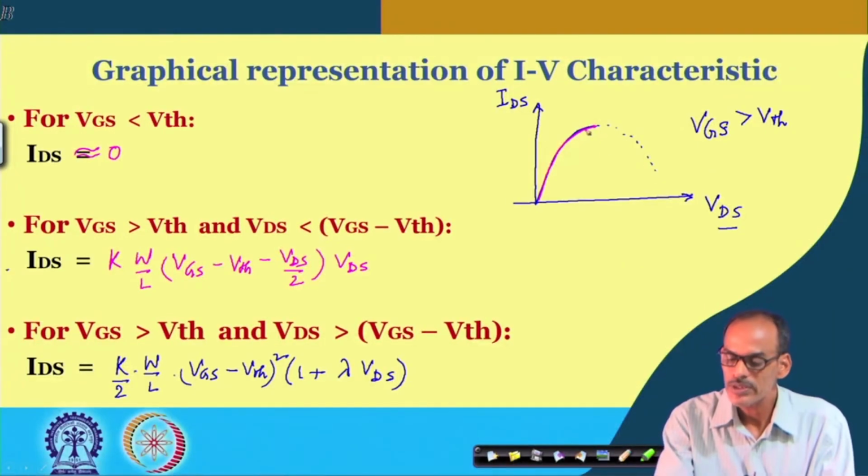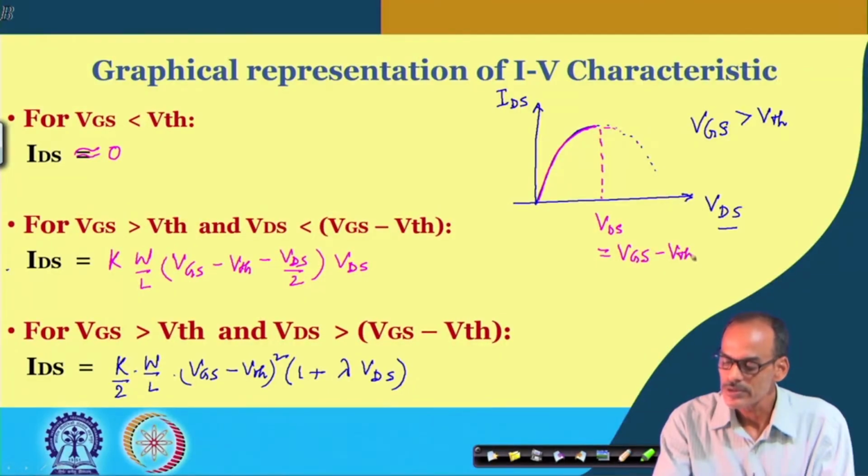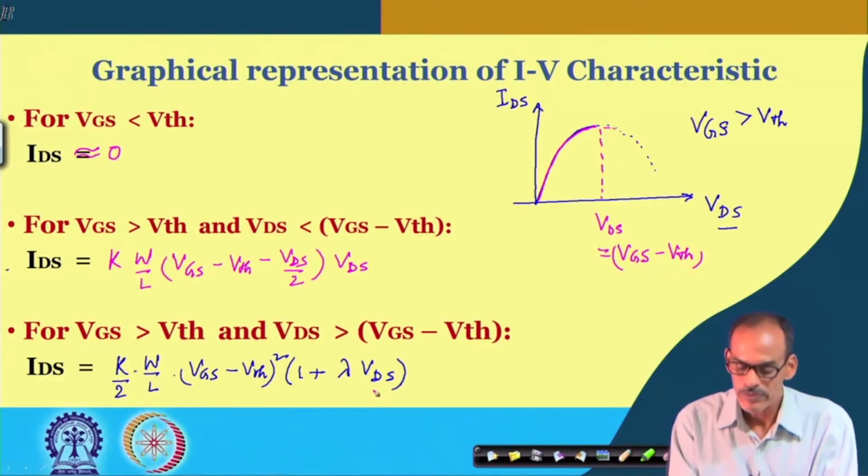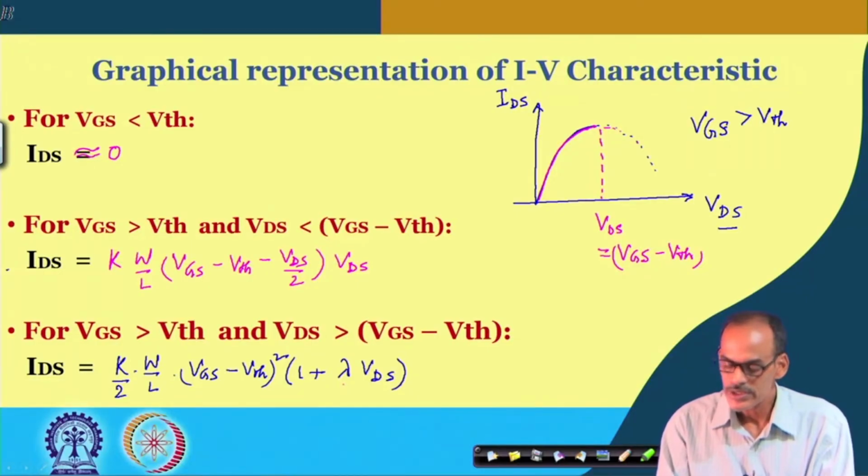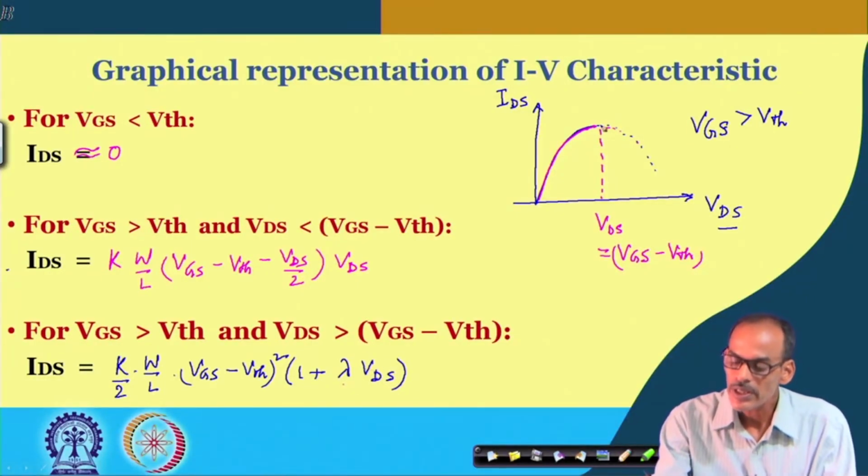So, this equation is reflected here, but it is valid till this point where VDS equals VGS minus VTH. If you go beyond this point, the current hardly depends on VDS. In fact, typically this lambda is very small. So, if I ignore this part, the current is supposed to remain constant.